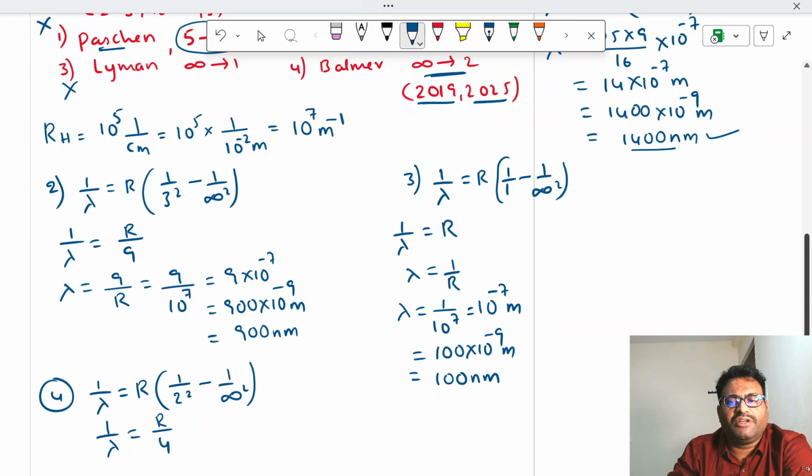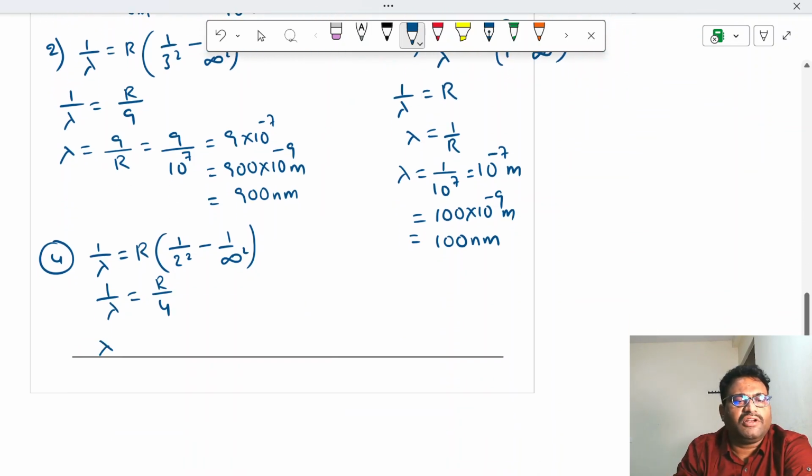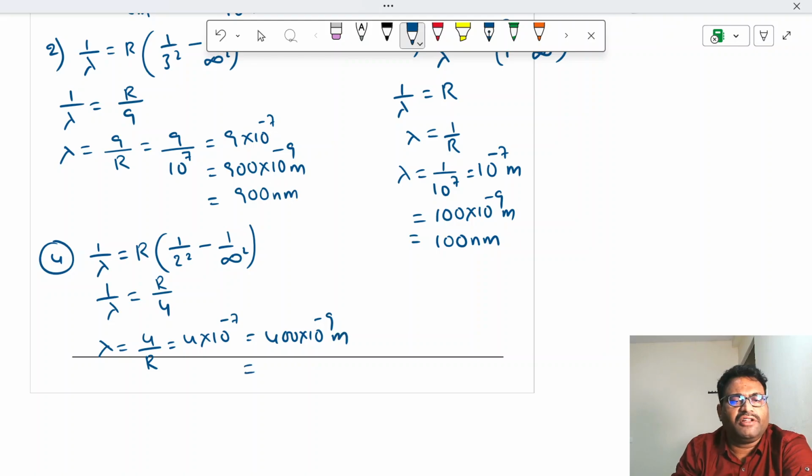Then lambda will be equal to 4 by R, that is equal to 4 into 10 power minus 7, which is equal to 400 into 10 power minus 9 meter, that is equal to 400 nanometer.